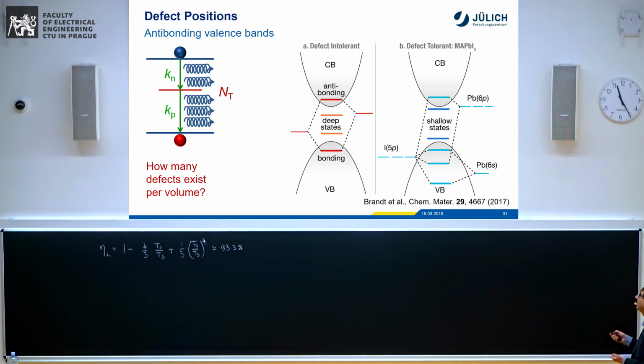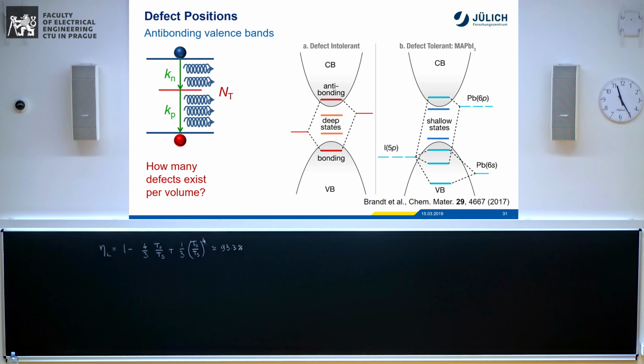And if you take any bond out, yeah, you create a vacancy or interstitial, then usually you will create relatively deep defects. In the specific case of these lead-halide perovskites, the lead-halide cage will create both valence and conduction band.